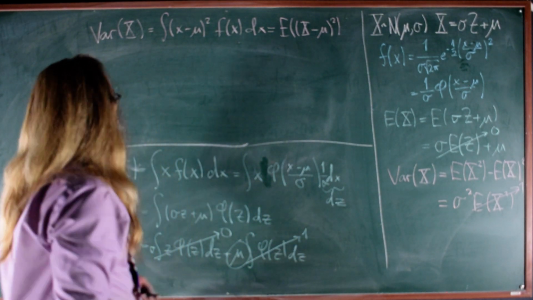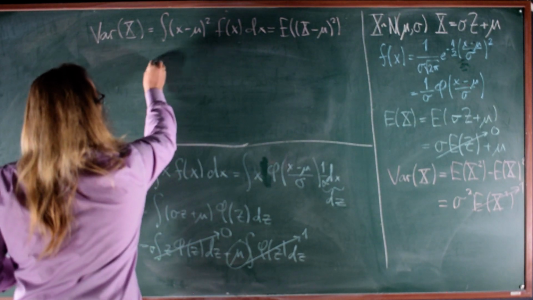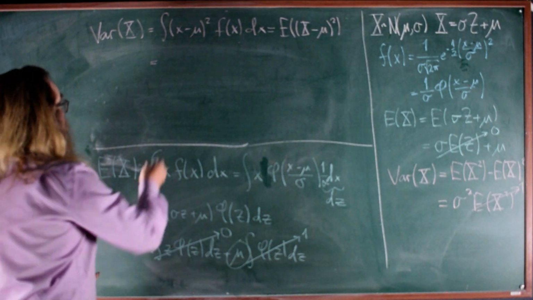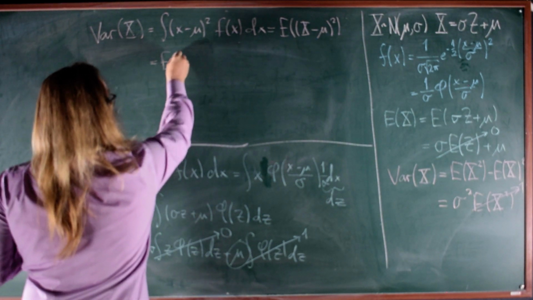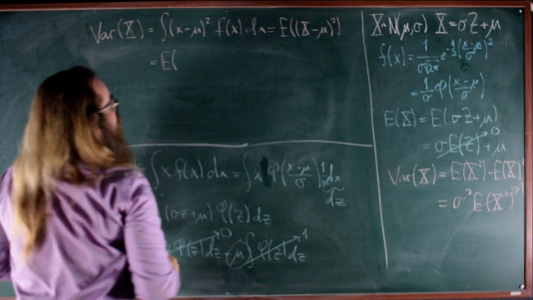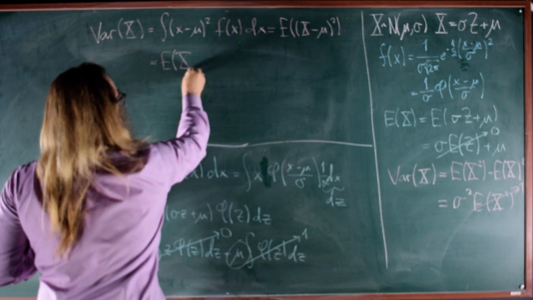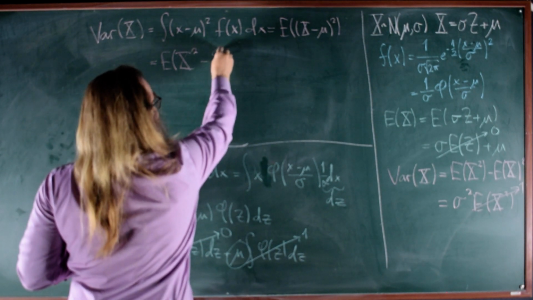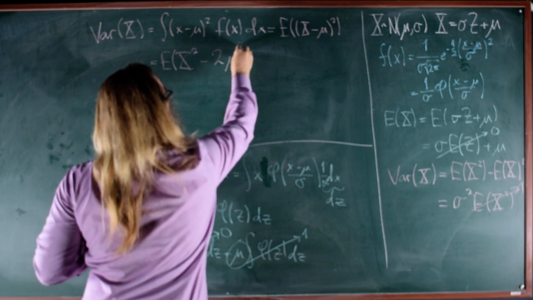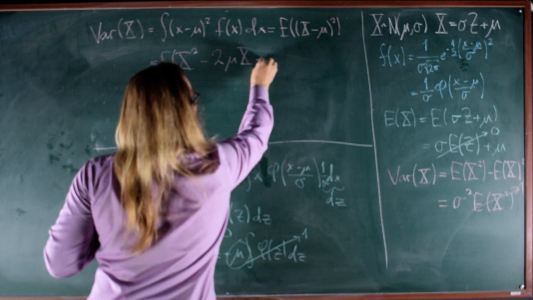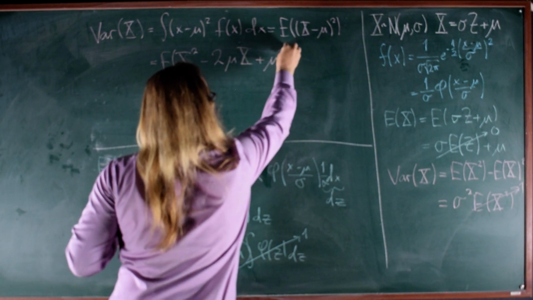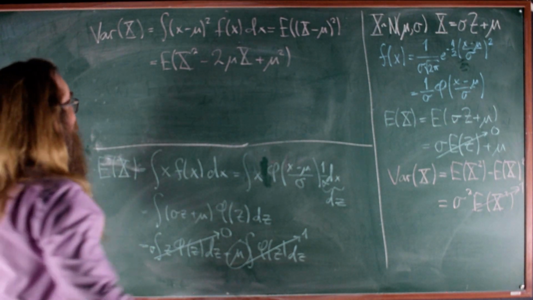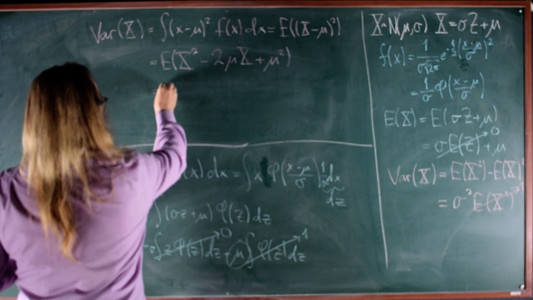All right. Let's continue with that. Now we can actually use linearity that I proved with the green. So let's expand this parenthesis here. So I have x squared, minus 2 times mu x, plus mu squared. And now I can use the linearity of the expected value.